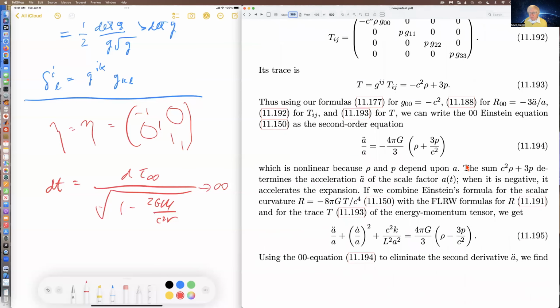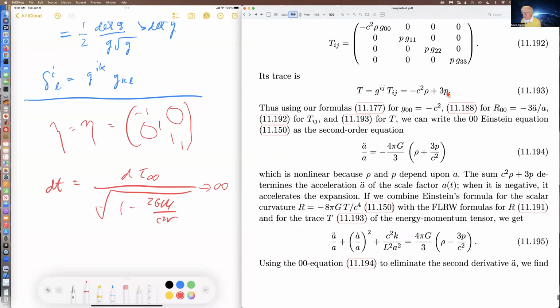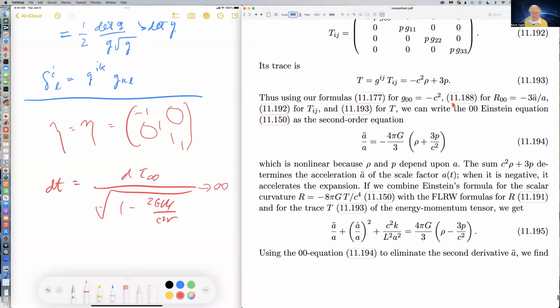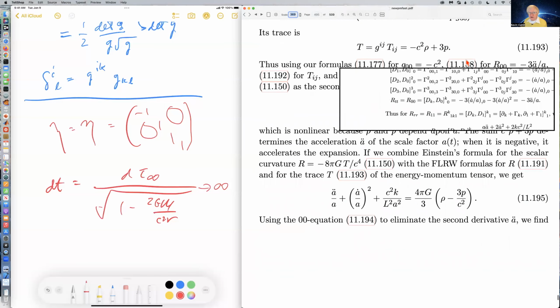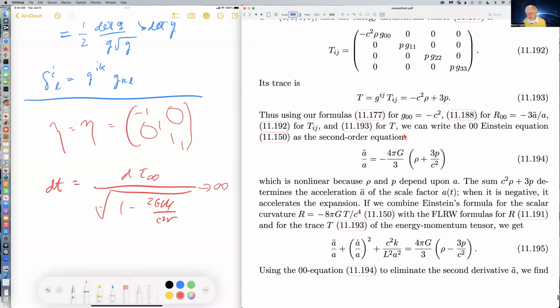And this, by the way, is an important thing. You can think of this as the inflation pressure. This is what drives, well, all right, let me not go off on that tangent. So Einstein's equations then give us this formula for the second derivative of the scale factor.